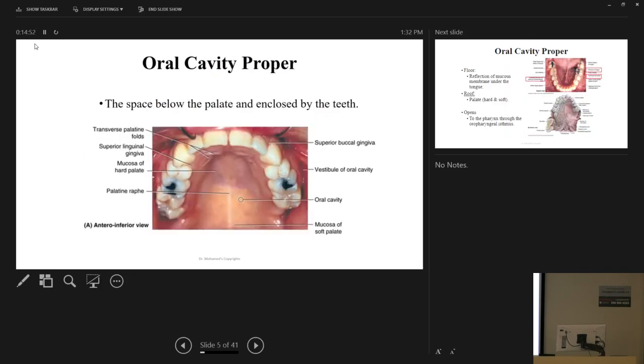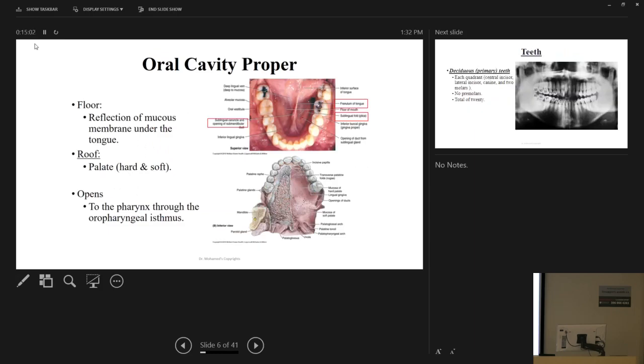Now the oral cavity proper, as we said earlier, is the space below the palate and enclosed by the teeth. It has a floor and a roof. The floor is made by these reflections of the mucous membrane under the tongue. And since we are here, we're going to talk about something we are going to do in the lab.